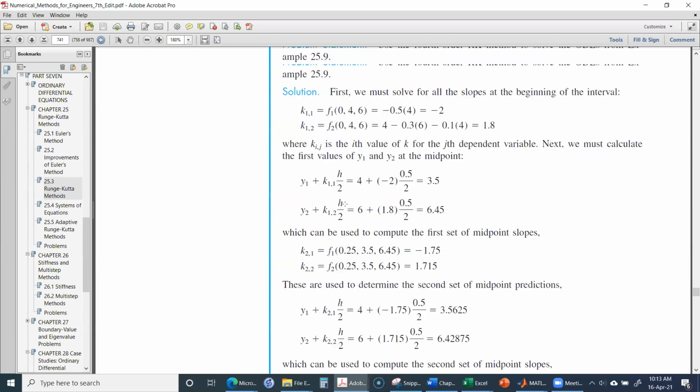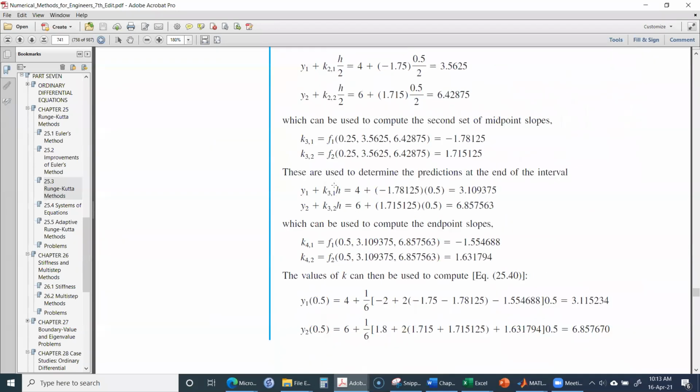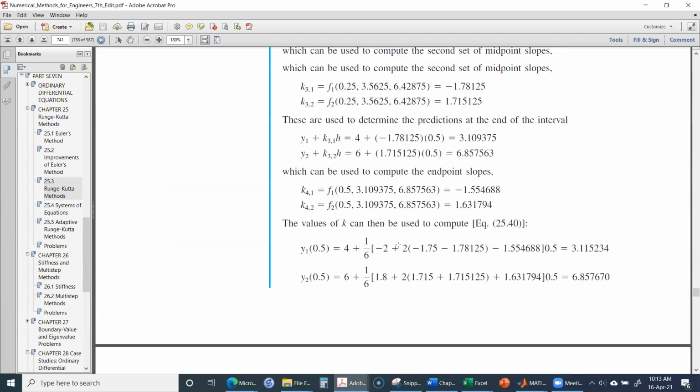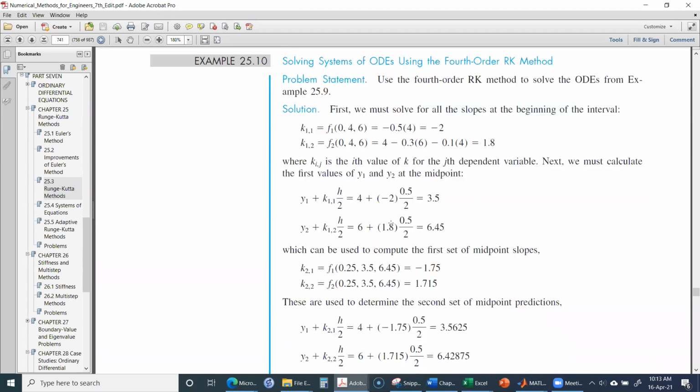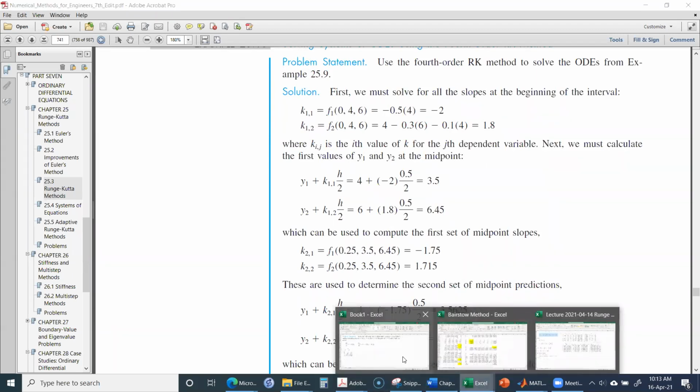You can see that these results are different from the previous result. Of course, more accurate results will be obtained with the fourth order Runge-Kutta method. We can also do this in Excel.